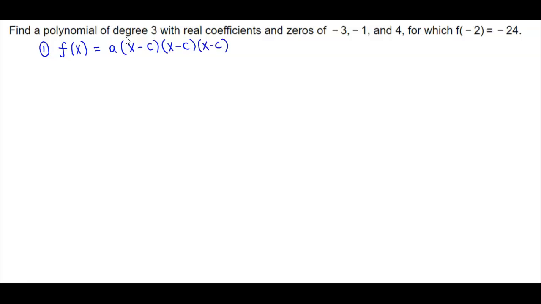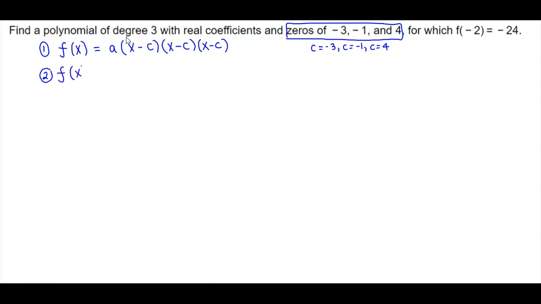What we know so far in this problem is these are the zeros of the function. So we know that c is equal to -3, c is equal to -1, and c is equal to 4. The first thing we're going to do is plug that into our function.